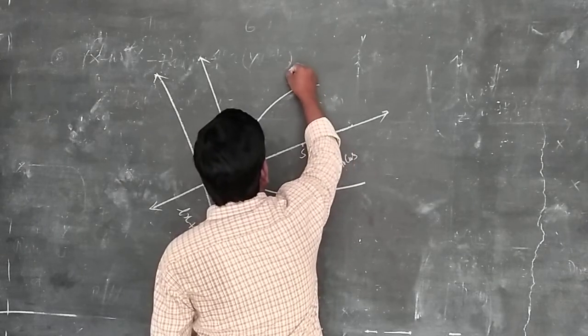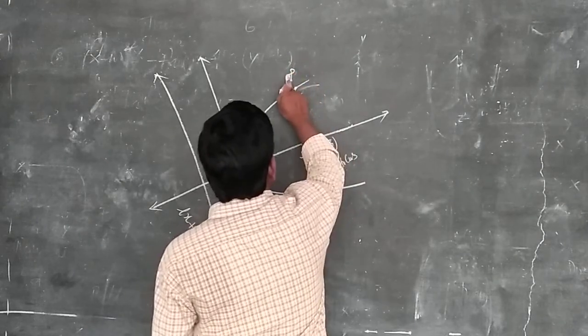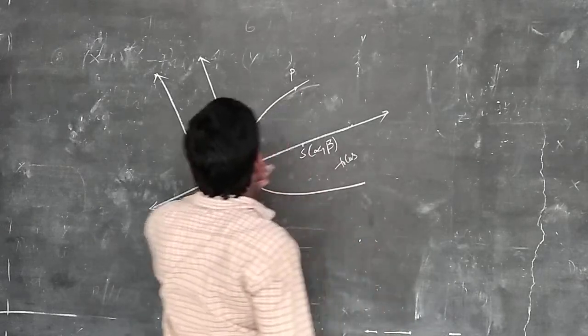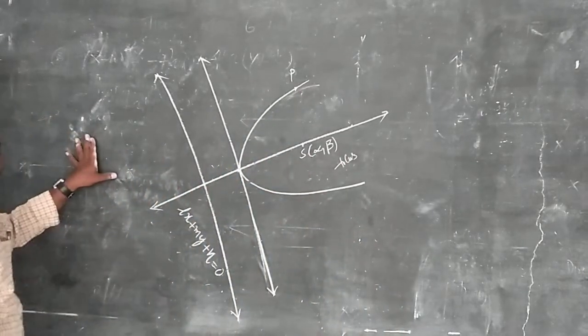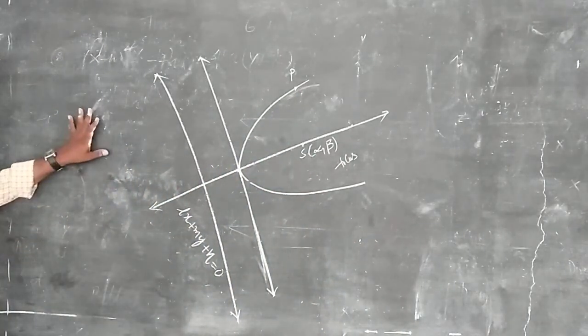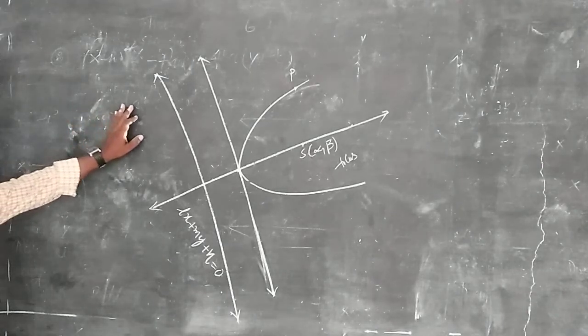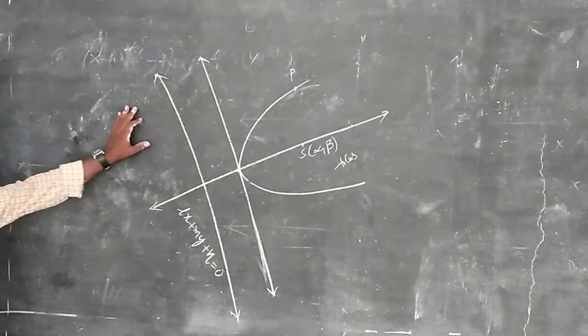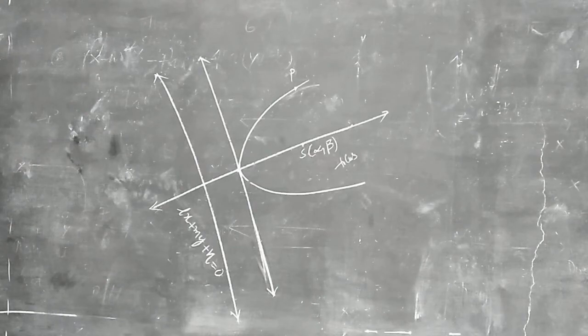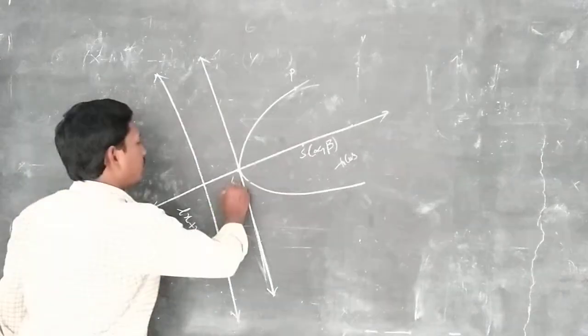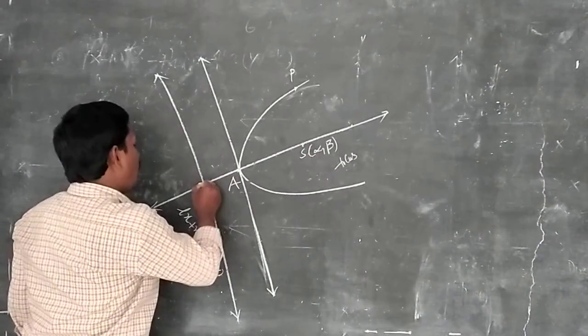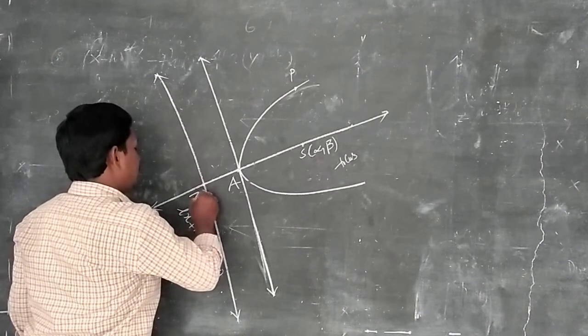There is a point P on a parabola. This is the ninth shape of the parabola, which is not on the x-axis and y-axis. This is A, and the point on directrix Z.